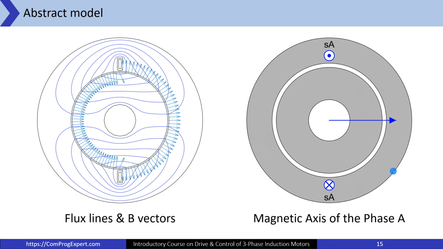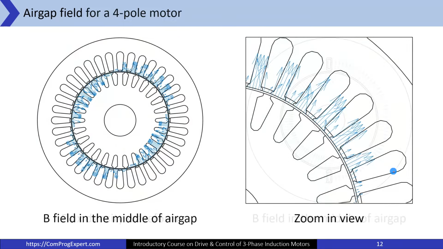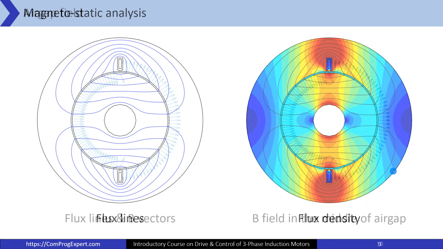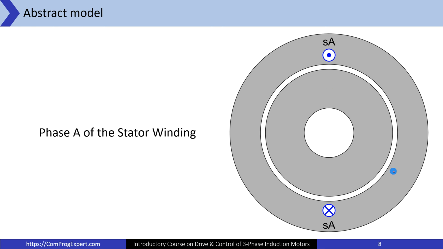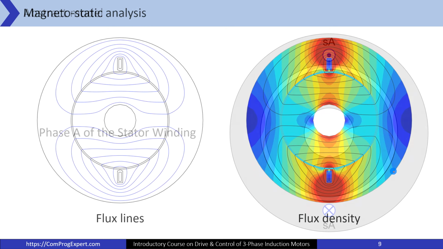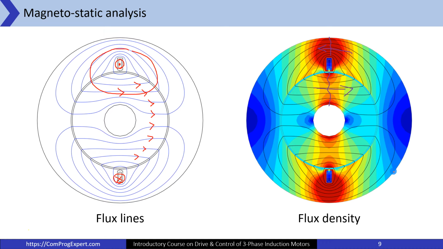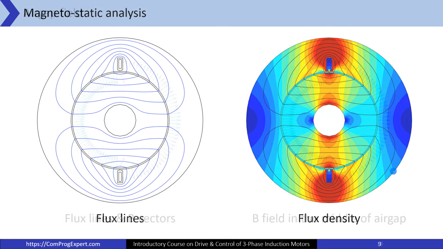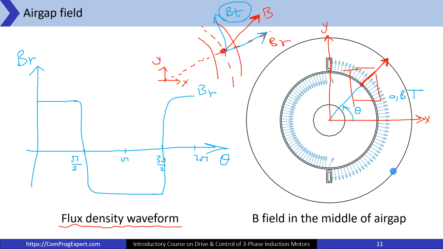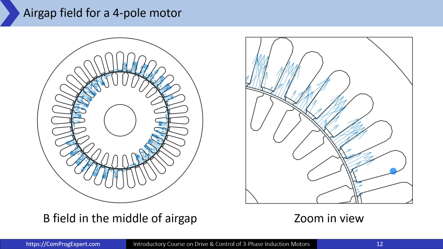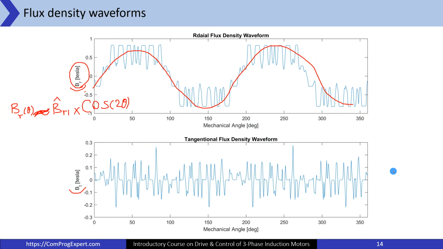Okay, so let's review. Here we have the abstract model: the rotor and stator laminations, uniform air gap. We assume these two zones for the phase A. We reviewed this single coil problem to derive the flux density waveform distribution in the air gap. We tried the same simulation for a 4-pole induction motor and derived these curves.